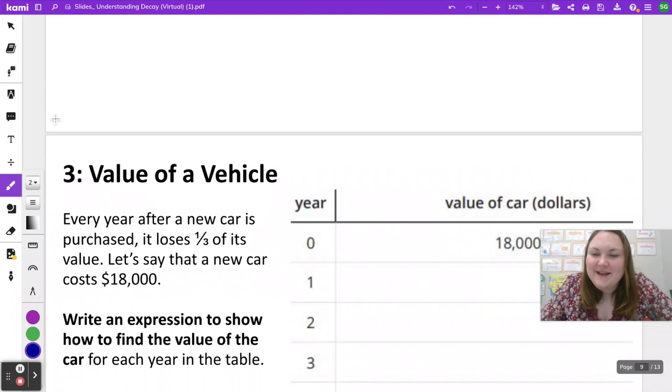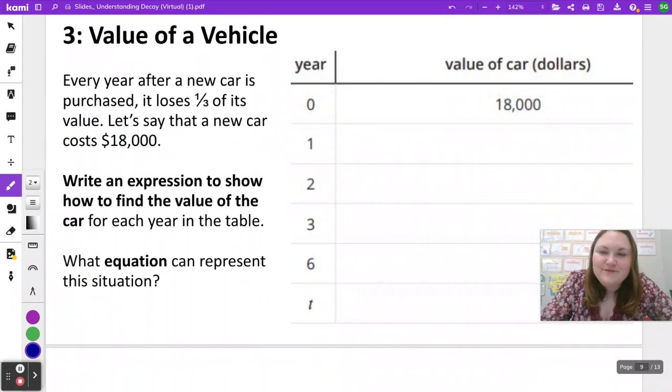The first thing I'm going to have you do is write out what math we could do to find the value of the car for each year in this table. So for example, after year 1, if I wanted to find how much that car is worth, if it loses 1/3 of its value, do you know what expression we could write, what math we could do to find that answer?